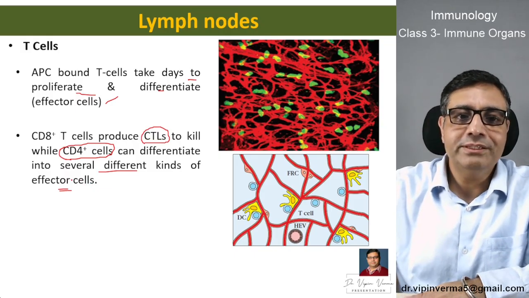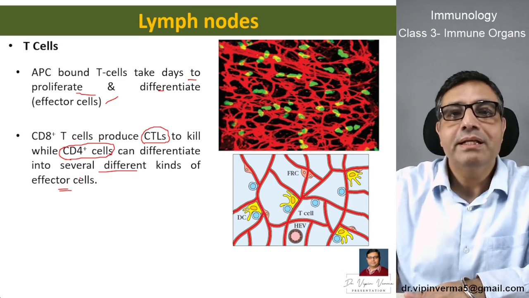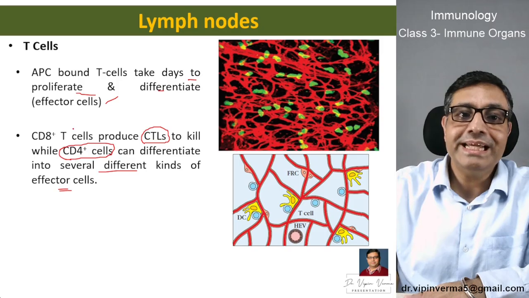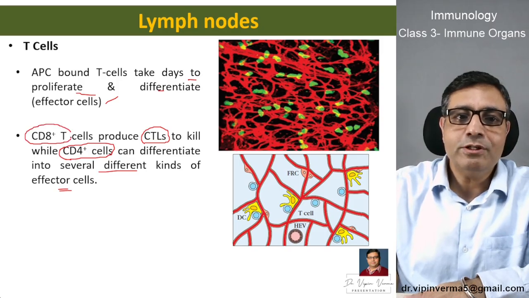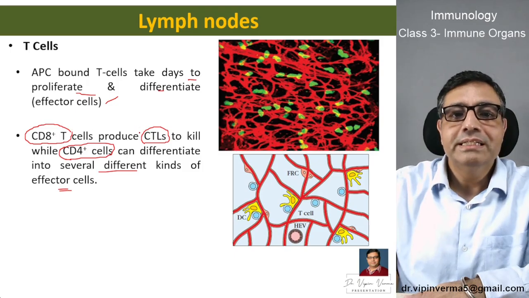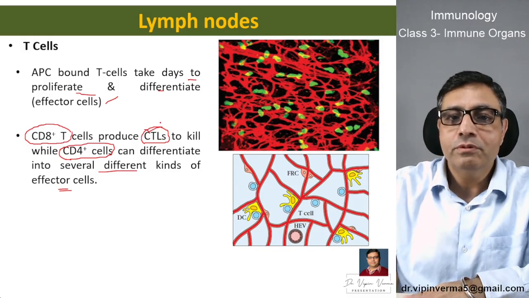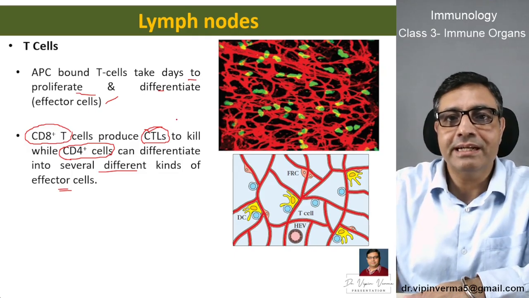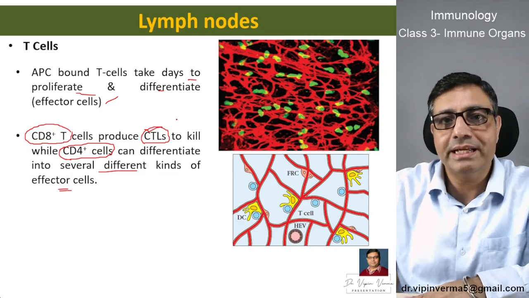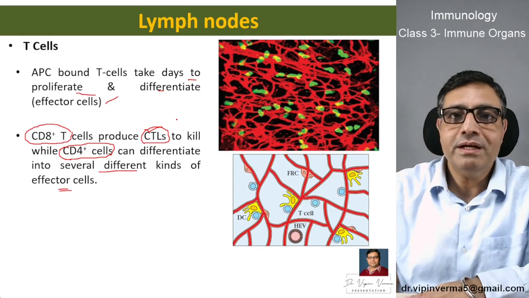Based on the type of antigen and the type of cytokines, they can form the effector cells, while the CD8 positive T cells, which we call T cytotoxic cells, produce the CTLs, cytotoxic T lymphocytes, which, as I told you, are a kind of shooter cells, the sniper cells, the encounter specialist cells, which immediately kill the cell of interest.